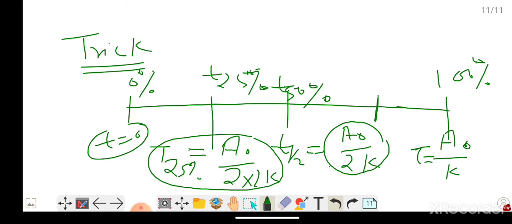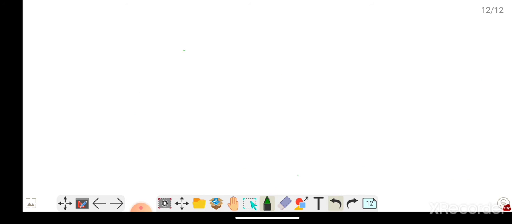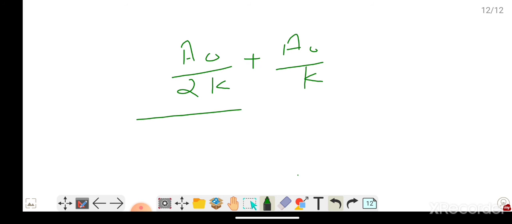In a similar way, if we want to calculate the time for t 75% completion, the time will be the average of this time and this time. This will be A naught by 2K plus A naught by K, divided by 2.